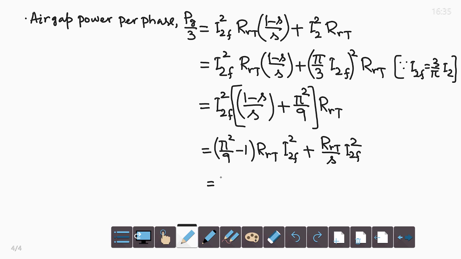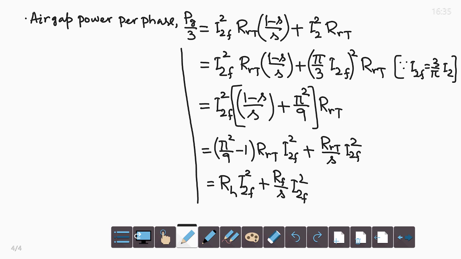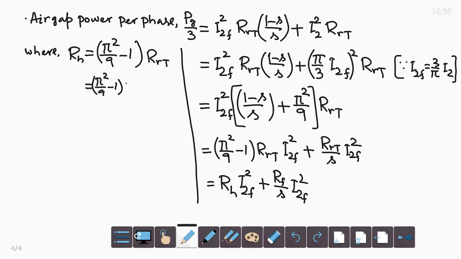So, that is R H into I 2 F square plus R F by S into I 2 F square, where R H is given by pi square by 9 minus 1 into R R T, that is pi square by 9 minus 1 into R 2 plus 0.5 R D plus 1 minus delta into R.